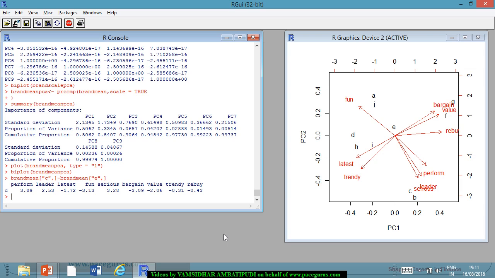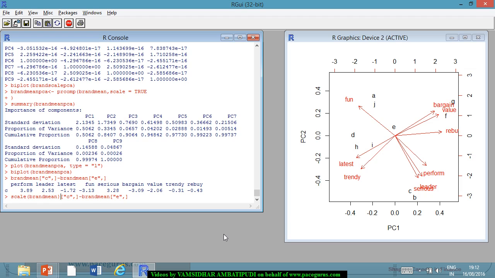What is it that we have taken? We have taken the principal components out of the brand mean and we have to scale. So let me take the scale of the brand mean.